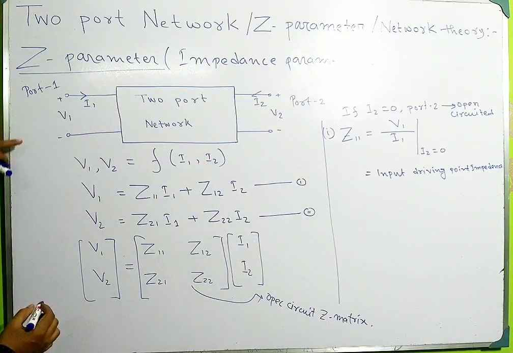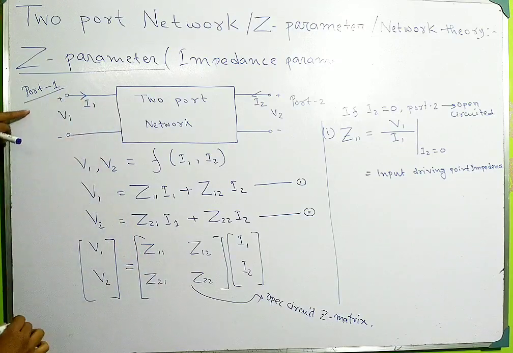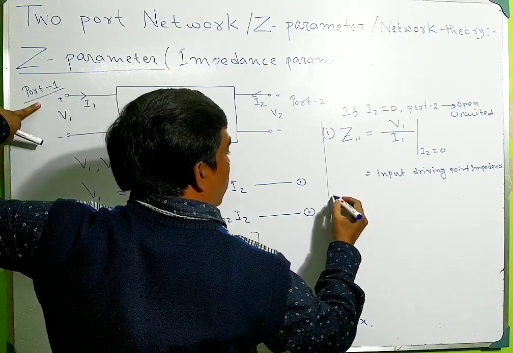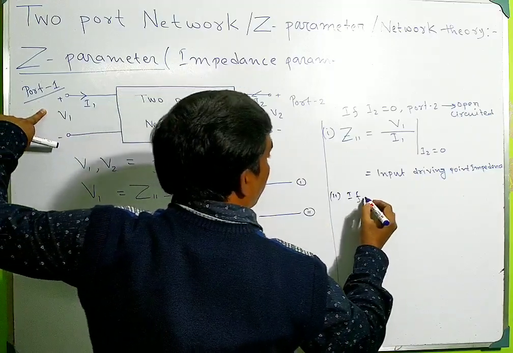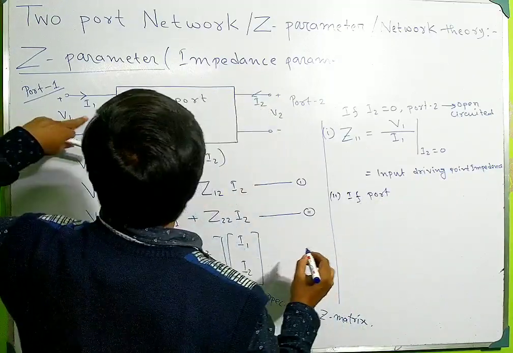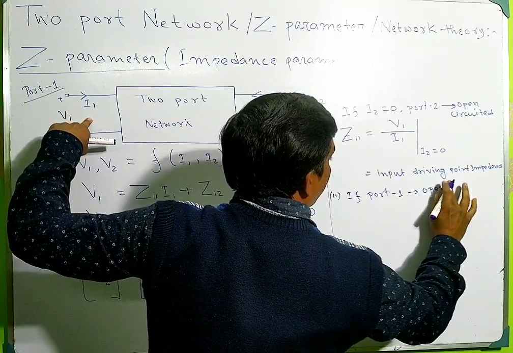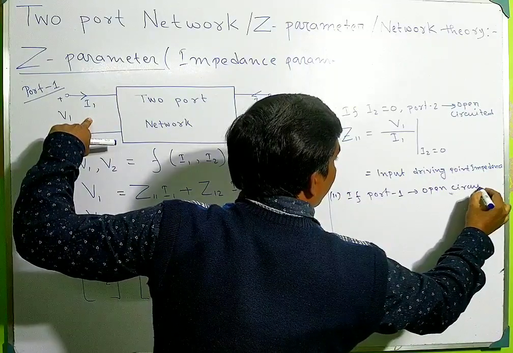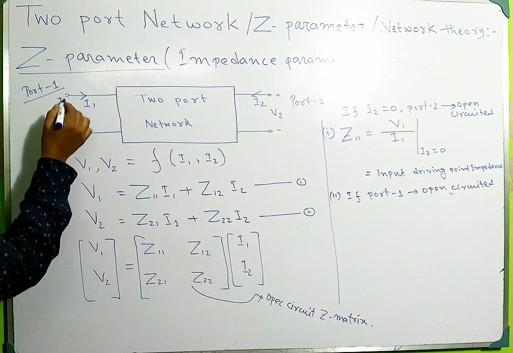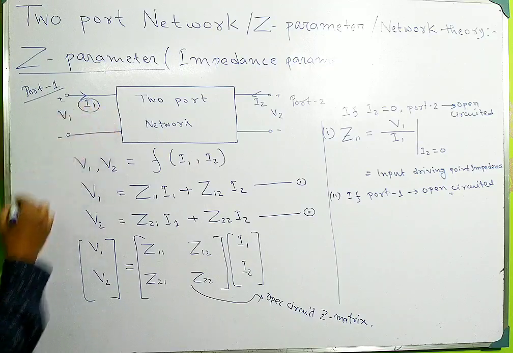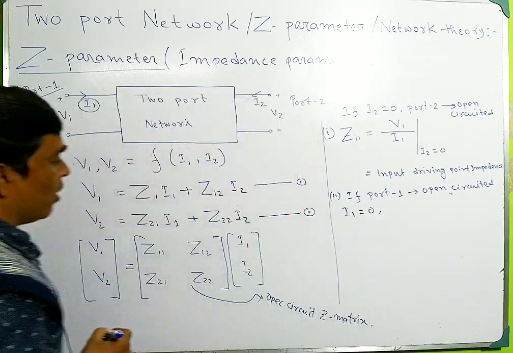Now number 2, if port 1 is open circuited, so if you open circuit this port, then I1 becomes 0.